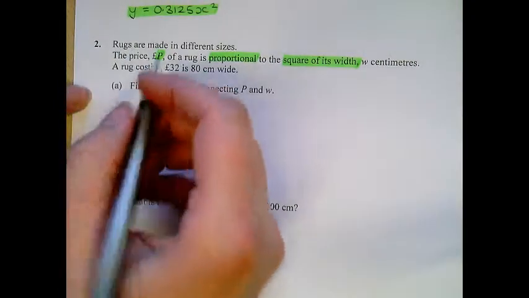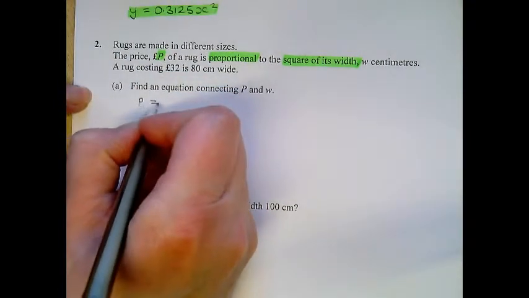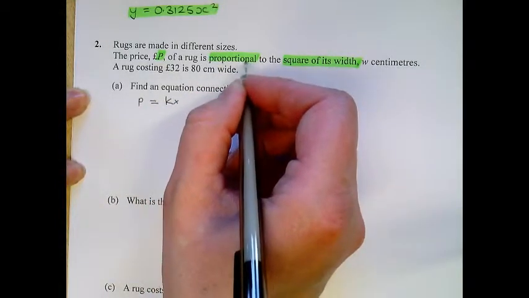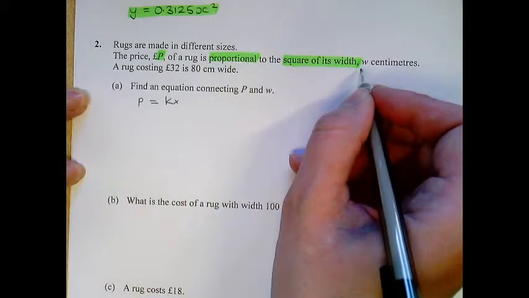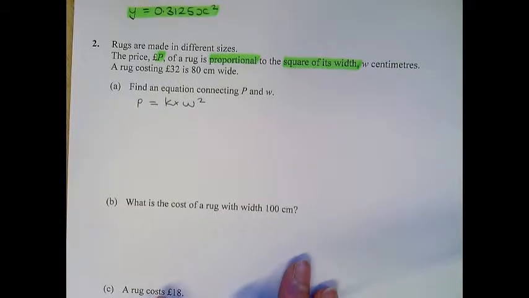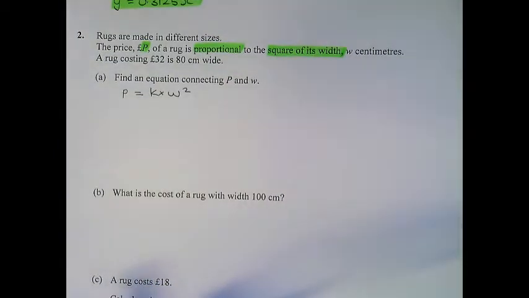So the letters this time are P equals K times, because it says proportional, which means direct proportion, and then the square of its width would be W squared. So that's the starting equation this time, a bit like the last one, but this question is about real life. It's actually to do with the price of rugs.